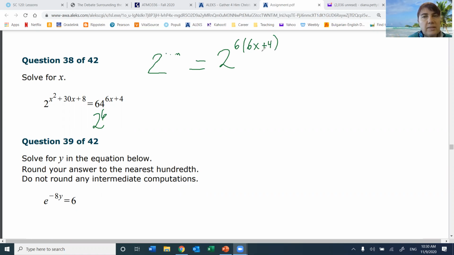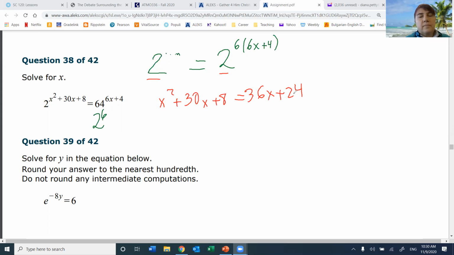Now, since the bases are the same, we can set the exponents equal to each other and then solve the quadratic equation. Plus 8 would equal, we can multiply, 36x plus 24.